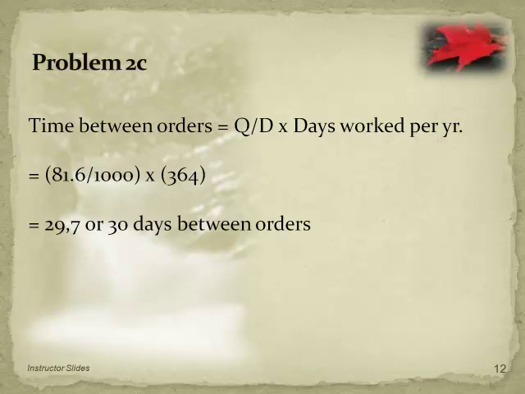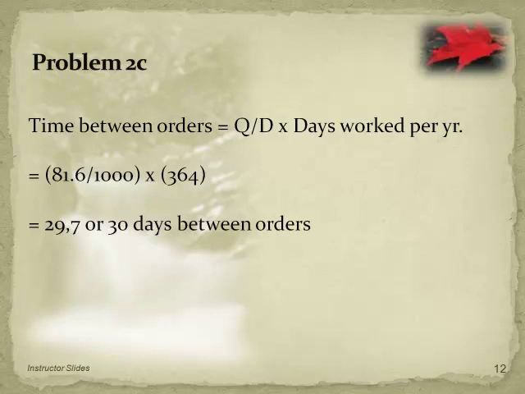What is the cycle time, the time between the orders? The formula for it is the economic order quantity divided by the annual demand. It's actually the inverse of the orders per year. It's the economic order quantity divided by the annual demand, multiplied by the number of days worked per year.